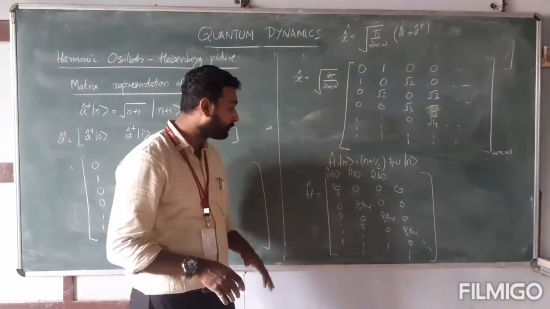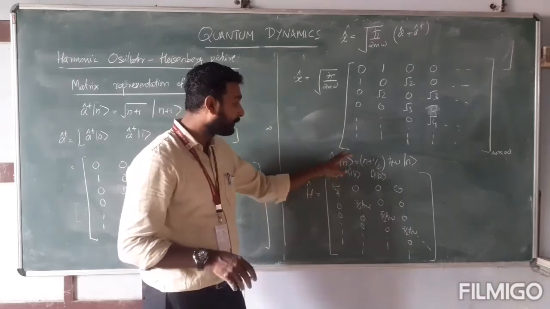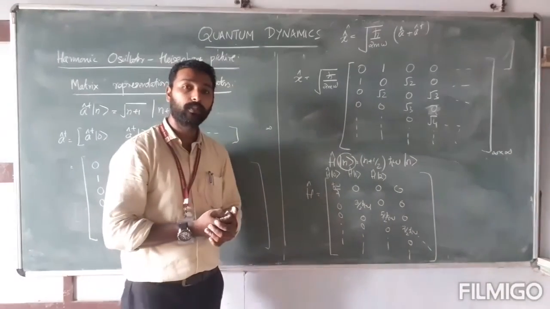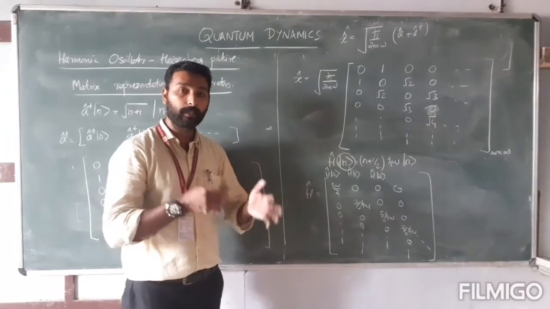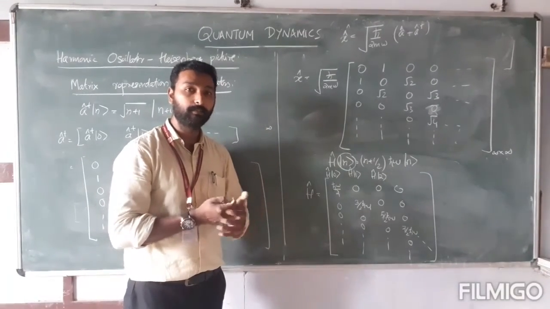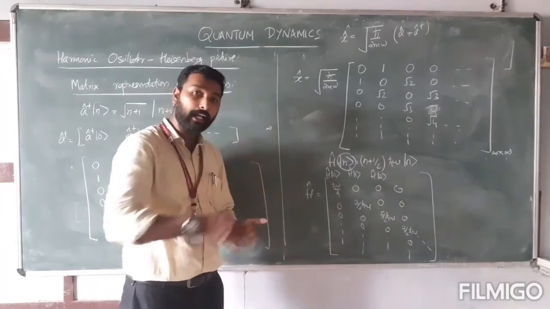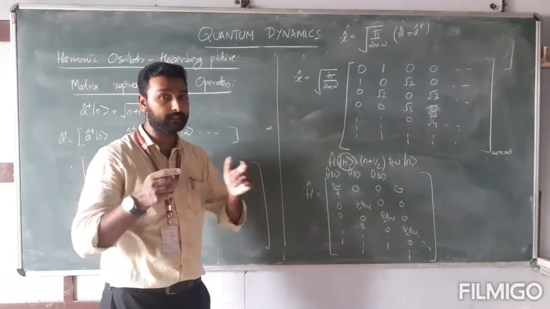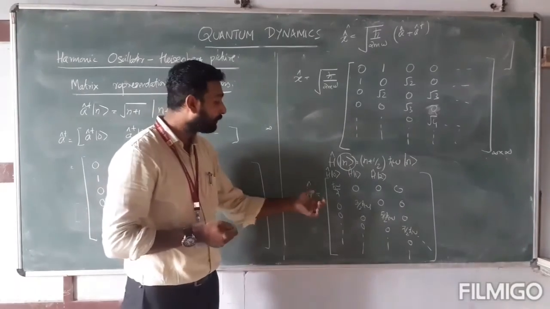So why is it so? Because the ket n that we are representing here is the eigenstate of the Hamiltonian operator. If you represent an operator in its eigenbasis, it will be a diagonal matrix with the elements being their eigenvalues. That is the result that we already know and have illustrated.